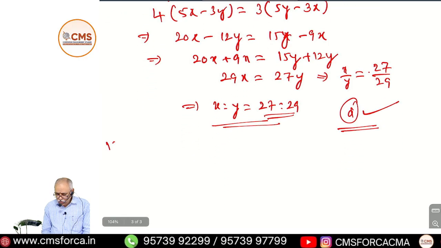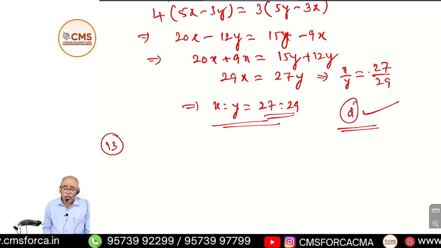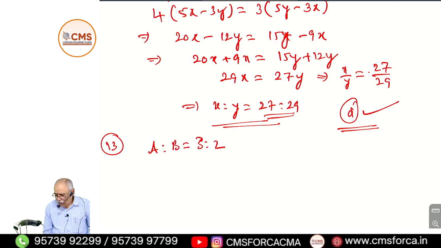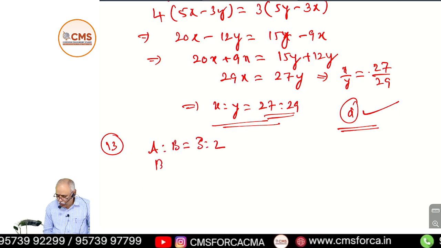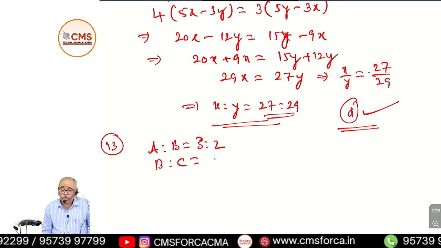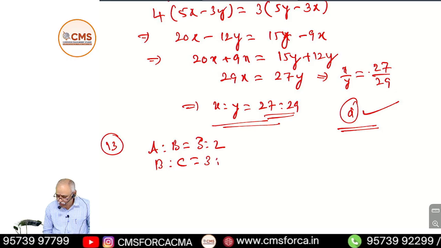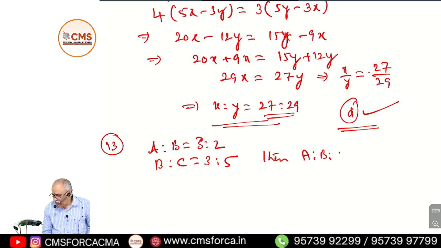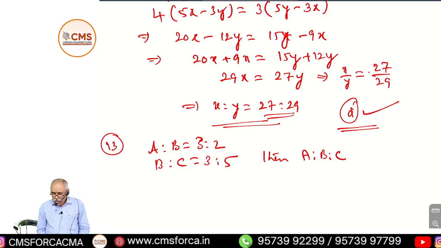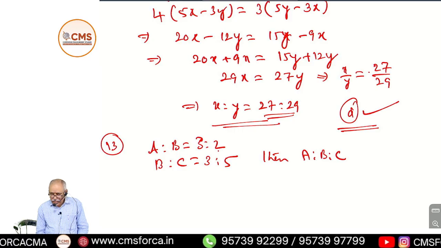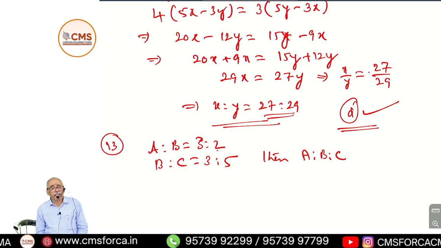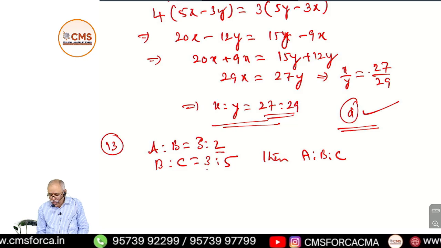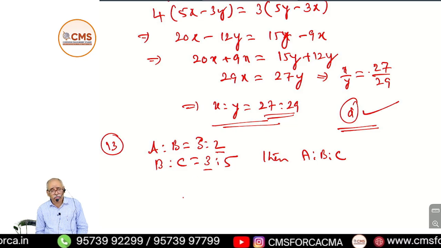Question number 13. A is to B equal to 3 is to 2. B is to C is equal to 3 is to 5. Then they asked A is to B is to C. In the first ratio, the second term is 2, the consequent. In the second ratio, the first term, the antecedent, is 3.